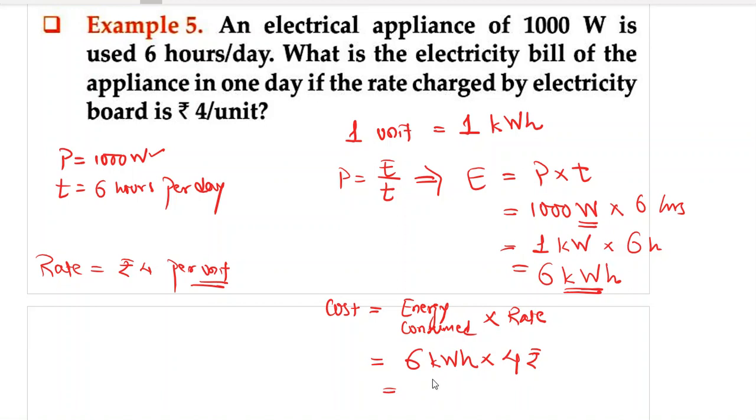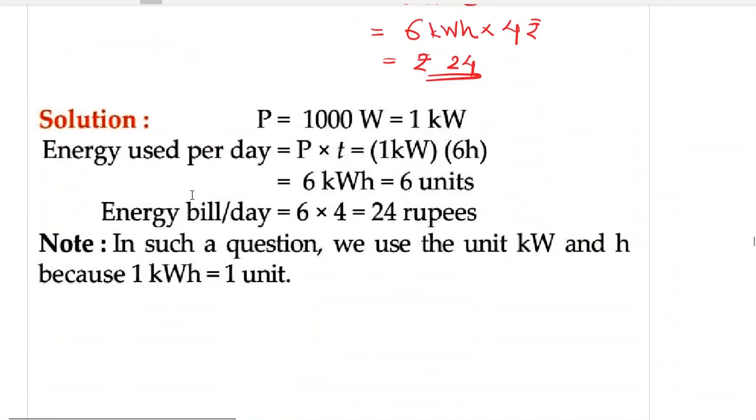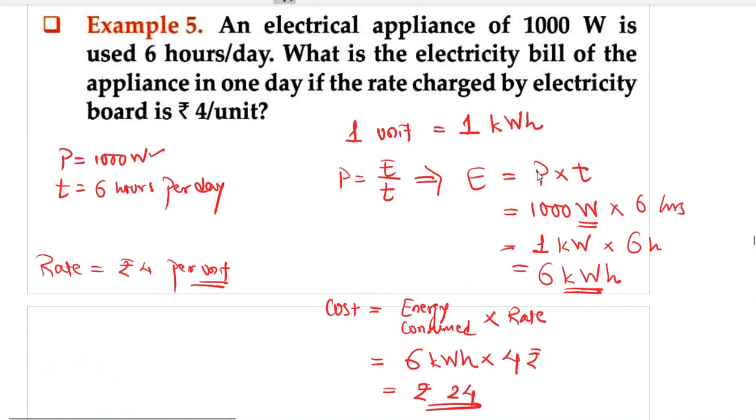So the total amount which is charged by the electricity board is rupees 24 in this case. Let's see if our answer is correct. So yes, 24 rupees, 6 unit or 6 kilowatt hour. Correct? So this is how you solve it. If you have any doubts, please pause, note it down, and then we'll go ahead.